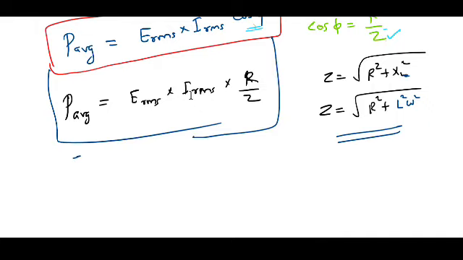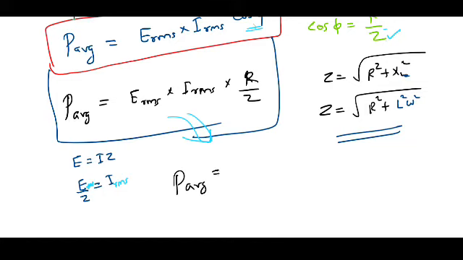You know that E is equal to I into Z, then this E by Z can be written as I. If it is an RMS value, this will be ERMS and this will be IRMS. Then I modify this equation in this way.